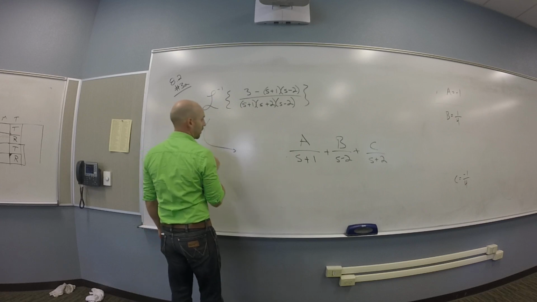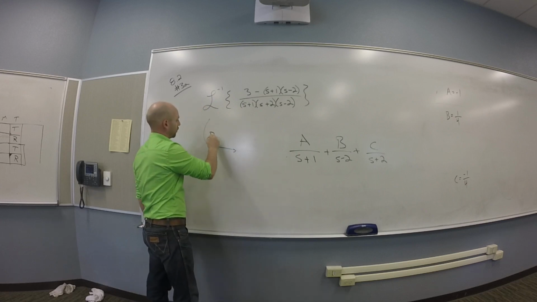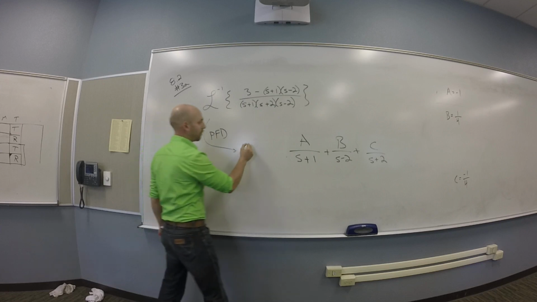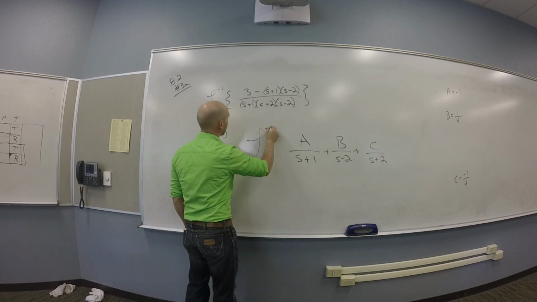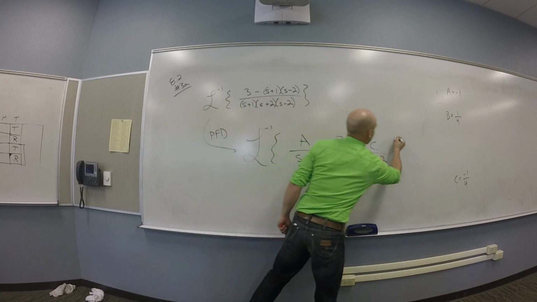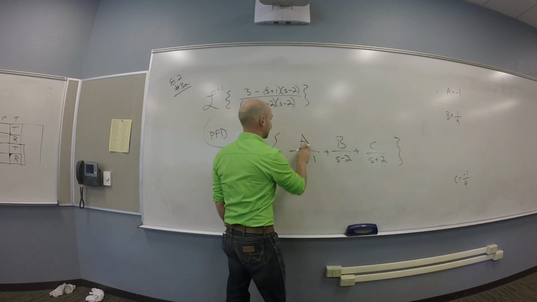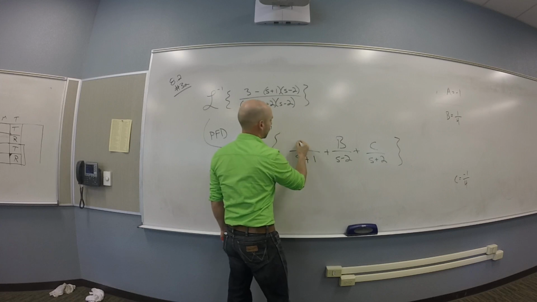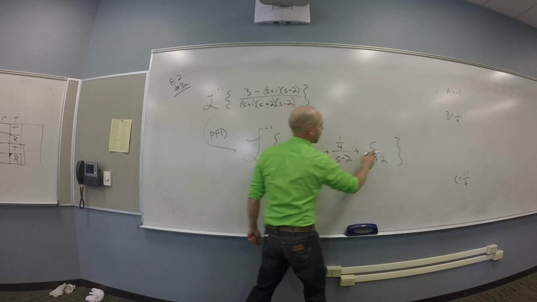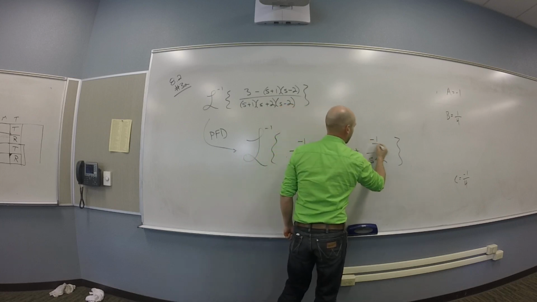I'm doing partial fraction decomposition on the argument, and I'm going to get that the thing I started with is the inverse Laplace transform of this, where I put in A is -1, B is a quarter, and C is -1/4.